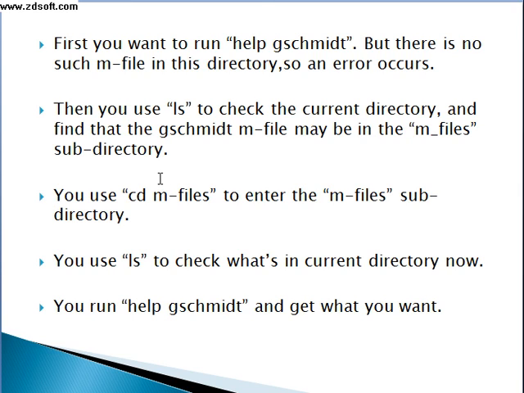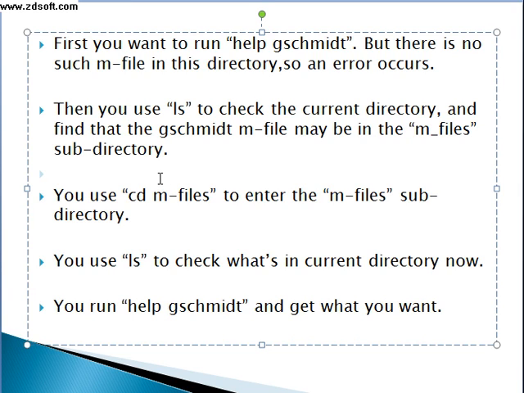So for this you have to use the cd M files command. See here the third point, the cd M files command enters the M files subdirectory. After that use ls to check what's in the current directory now, that is the M files directory. Then you can run your gsc file and get whatever you want.